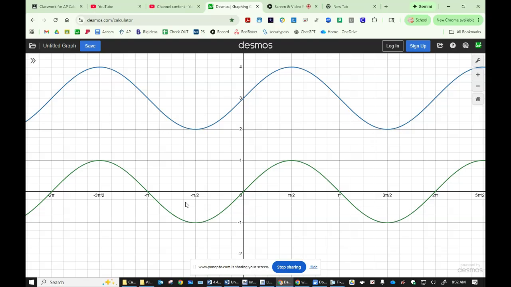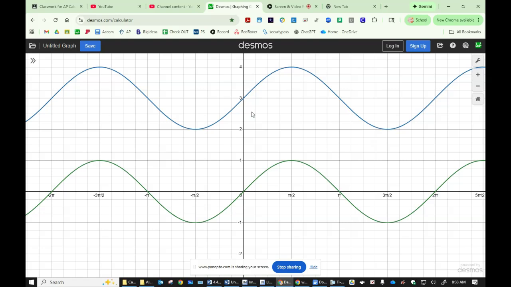So this guy crosses the middle at 0, at pi, and at 2 pi. And its maximums and minimums are also aligned in the same places. So we use that information to help us graph when we graph this by hand.